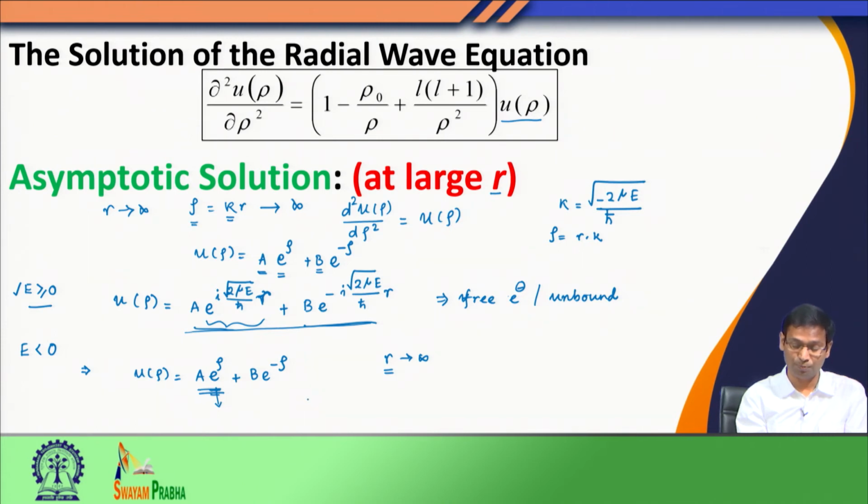Therefore, I will impose the condition that A has to be 0. So, u of rho is simply proportional to e to the power minus rho. I am writing a proportionality constant, because this is a proportionality relation, because I have this constant over here.